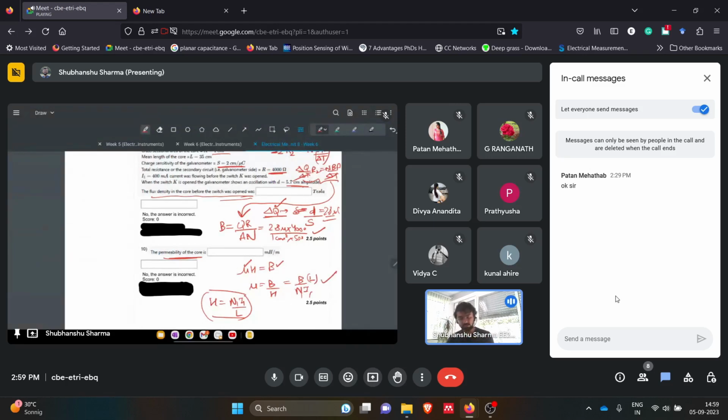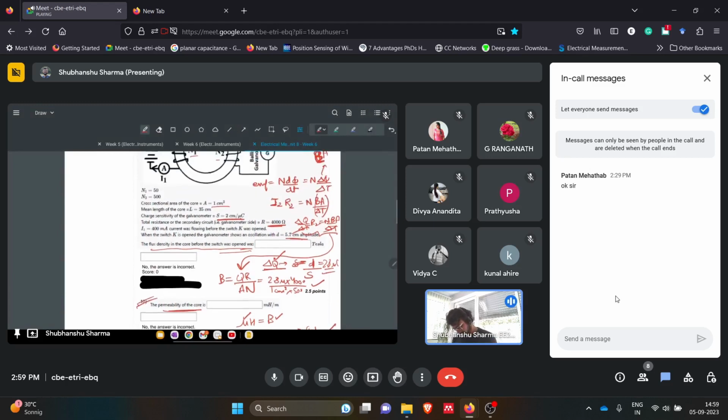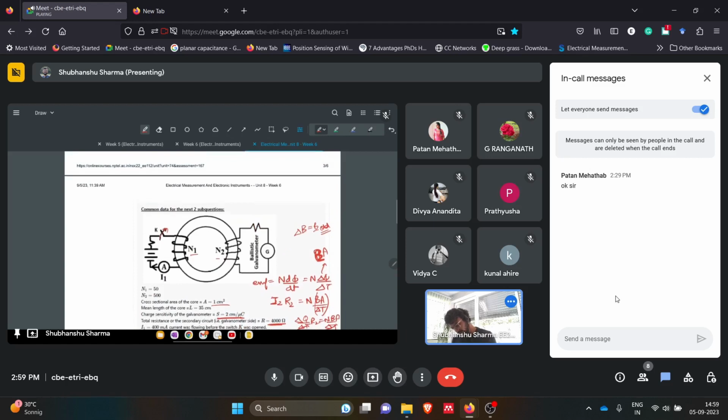Based on this you can calculate the permeability also. So this is also fine.